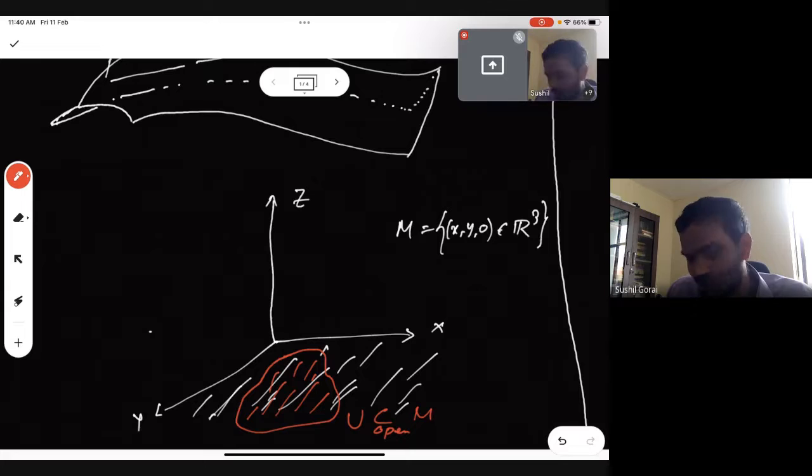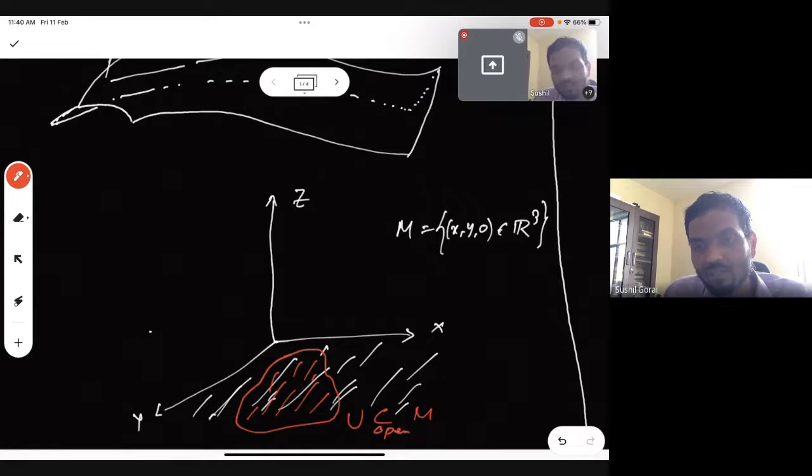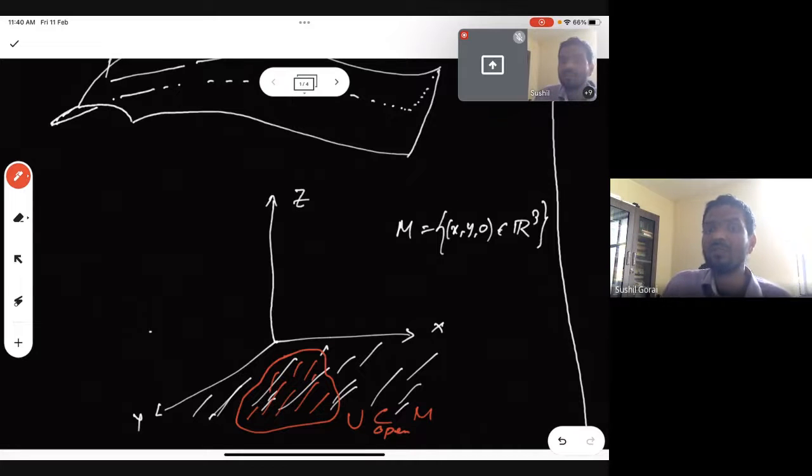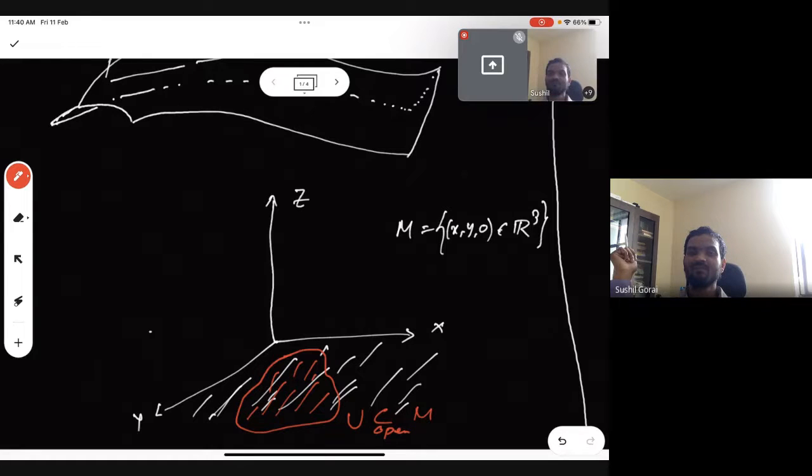So look at its tangent space. It is the whole XY plane, right? It also intersects the tangent space everywhere. So it need not be true that the tangent space must intersect only at one point, locally or non-locally.